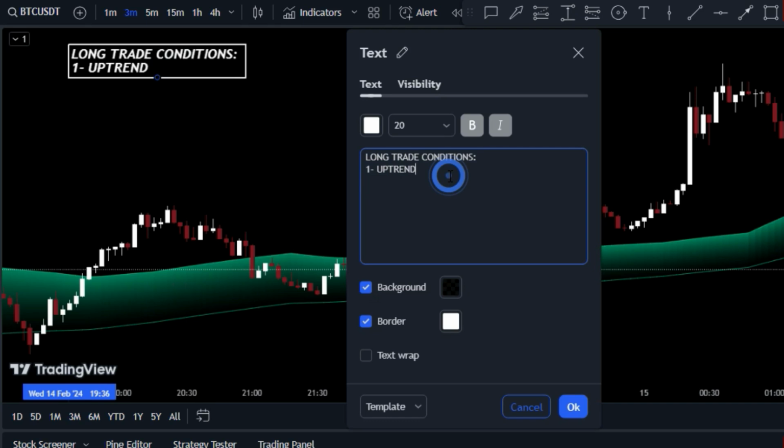Next, look for a buy signal when a blue bar emerges above the midline following a few red histogram bars.